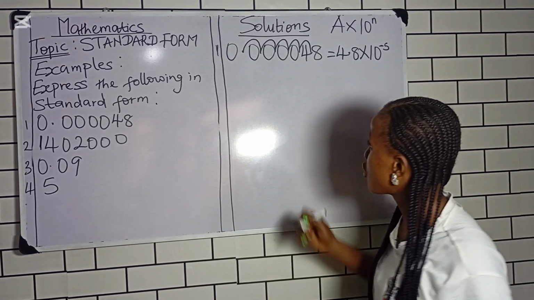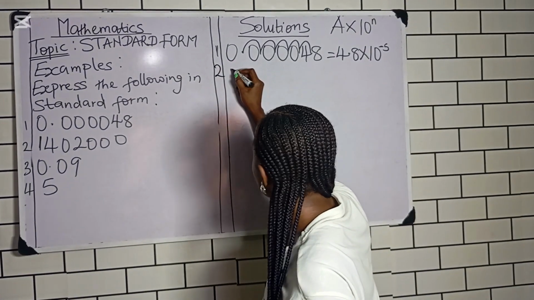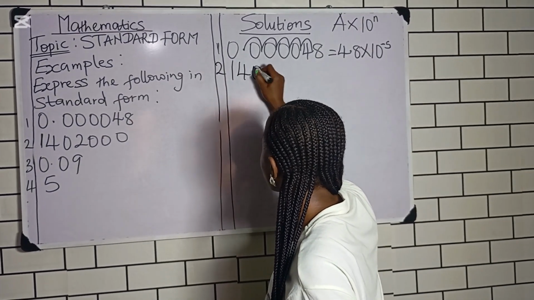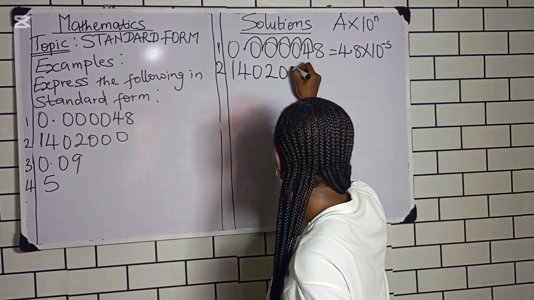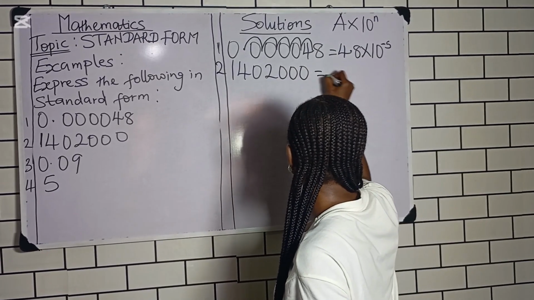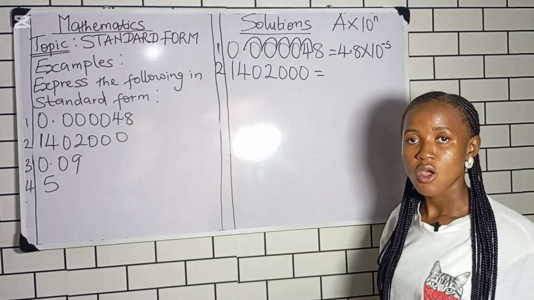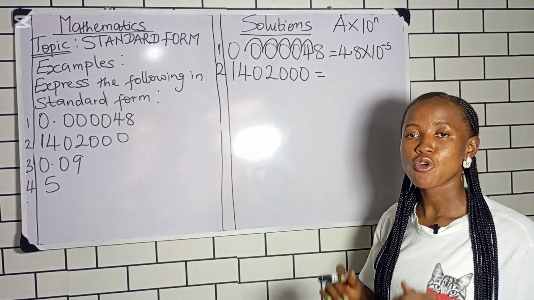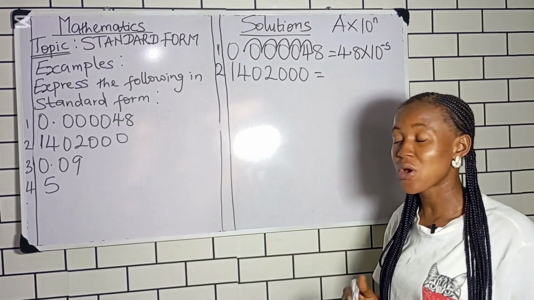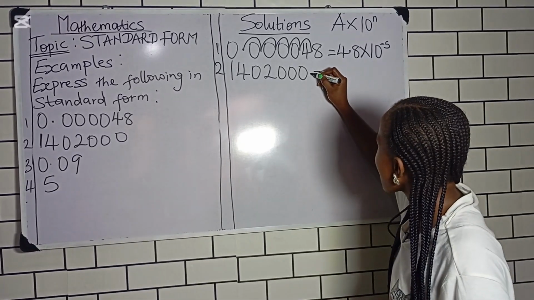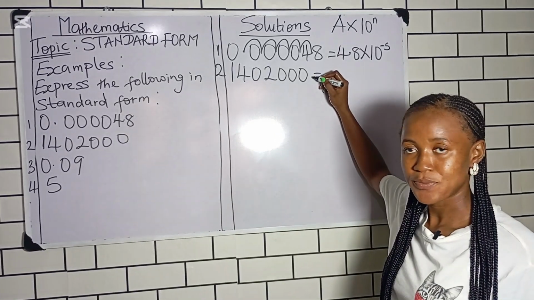Now let's solve the second one. The second one is a whole number. Number 2, we have 1402000. Now this is a whole number. There's no decimal point. Once there is no decimal point, we're going to assume that our decimal point is placed at the back of the last number.